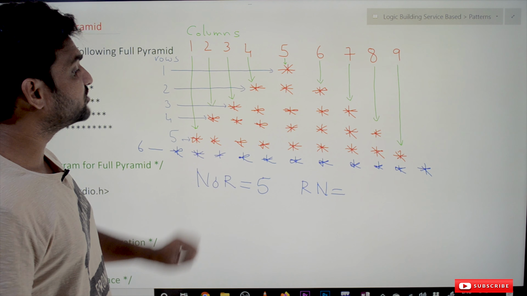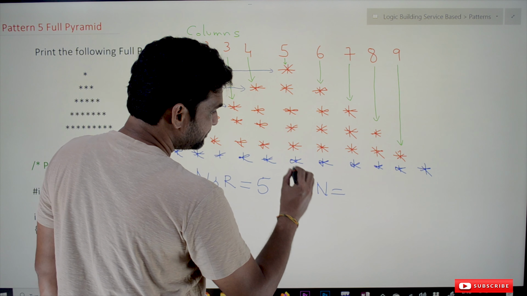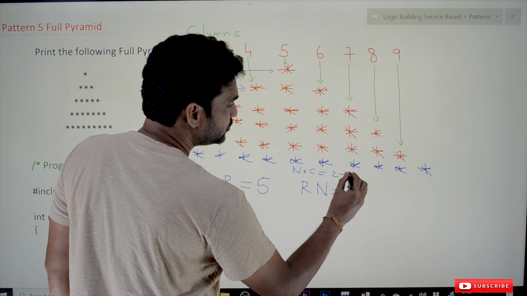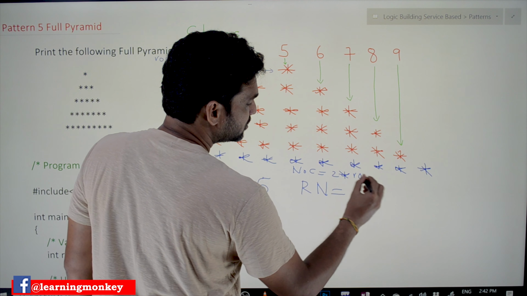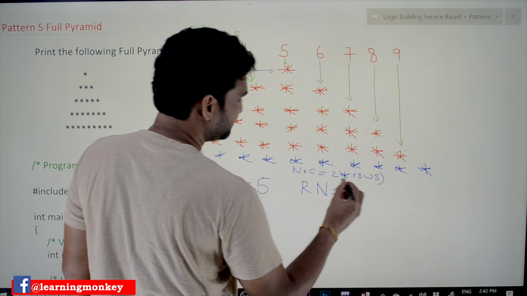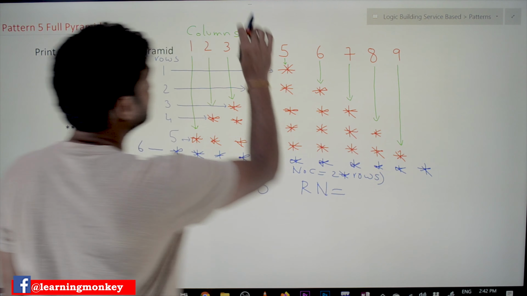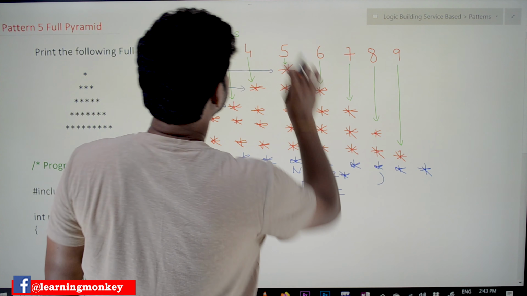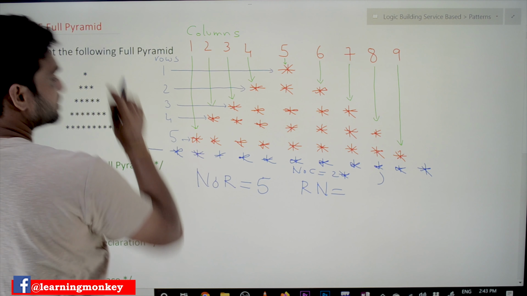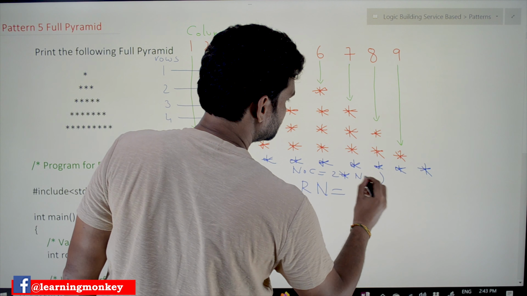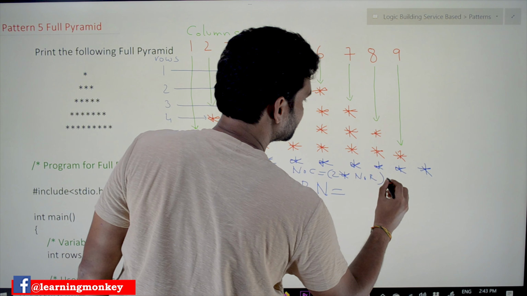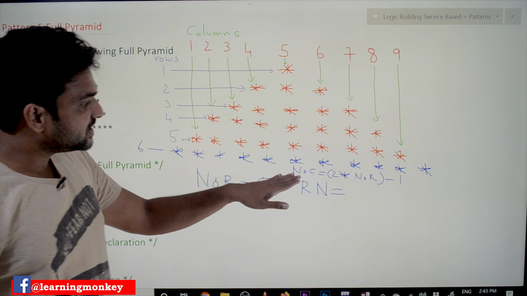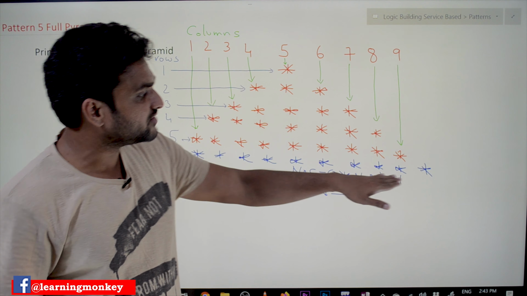Now with that, what we understand is the number of columns is equal to 2 into number of rows minus 1.